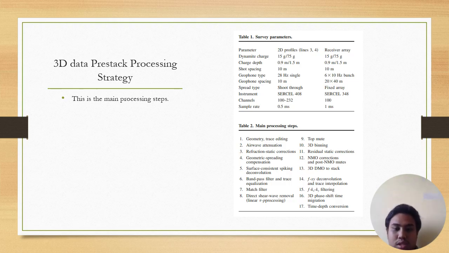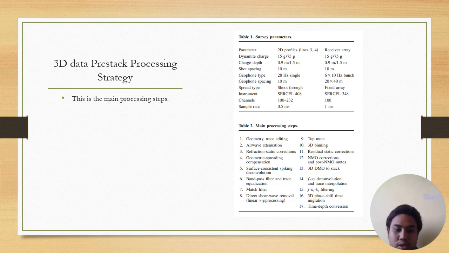Geophone spacing is 10 meters for 2D and 20 times 40 meters for the 3D. Channels are 100 to 232 for the 2D profiles and 100 for the 3D profiles. The sample rate is 0.5 for the 2D and 1 for the 3D.